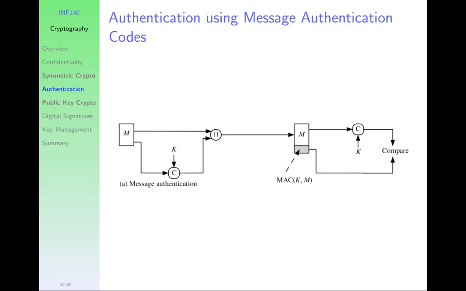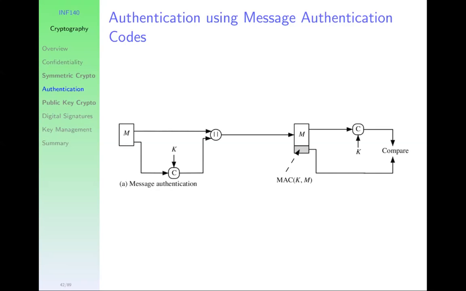Then this tag is appended to the original message and sent to Bob. When Bob receives this message and tag, he tries to verify whether the message has been modified in the communication channel, like on the internet, and also whether this message was sent from Alice, who shared the key with Bob before.